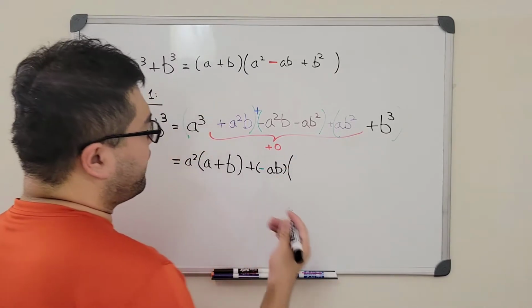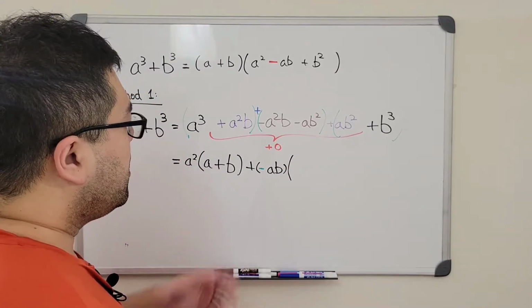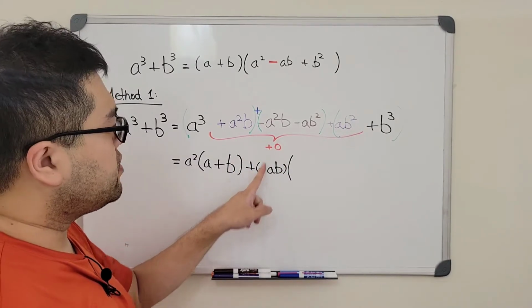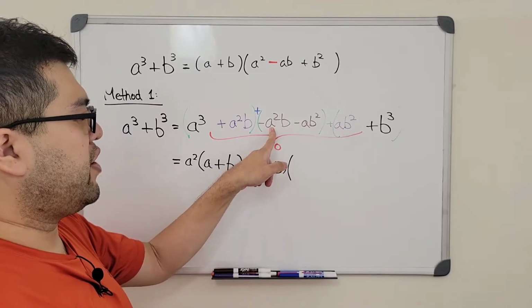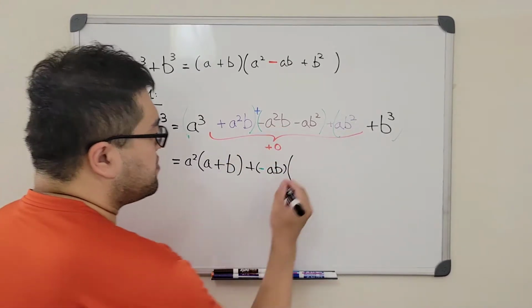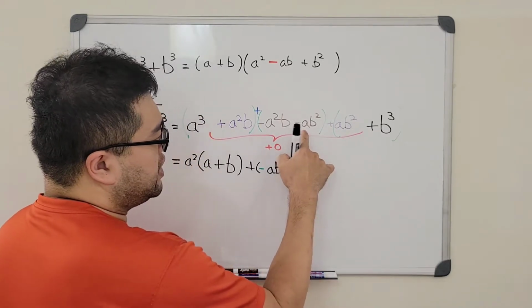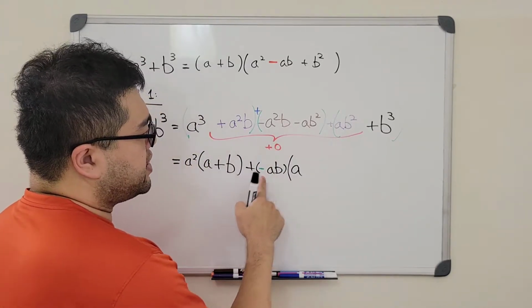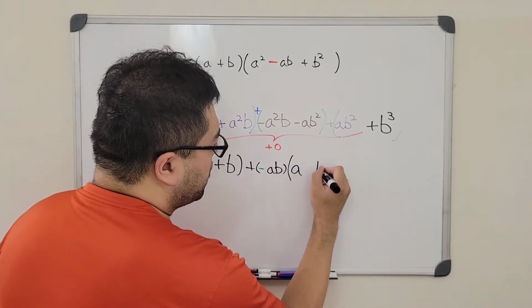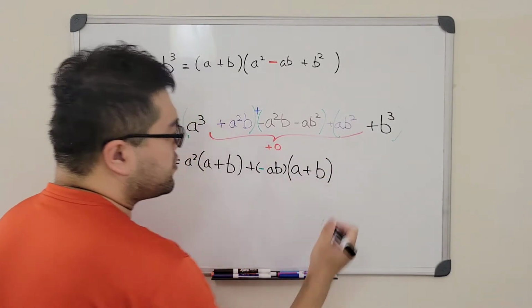And then if we factor out negative ab, we now end up with negative and negative cancel out. We take away a copy of a, we take away the copy of b, we only have 1 copy of a left. Similarly, here the negative cancels out, the a has been removed, we take out 1 copy of b, we end up with 1 copy of b.